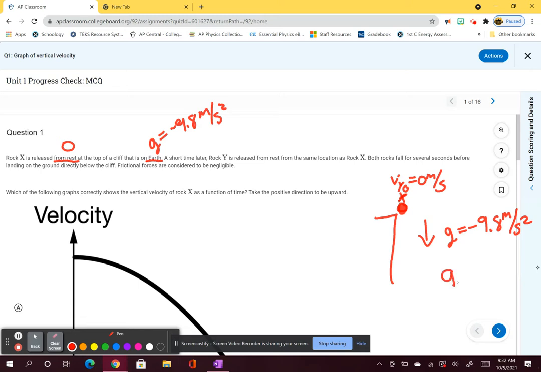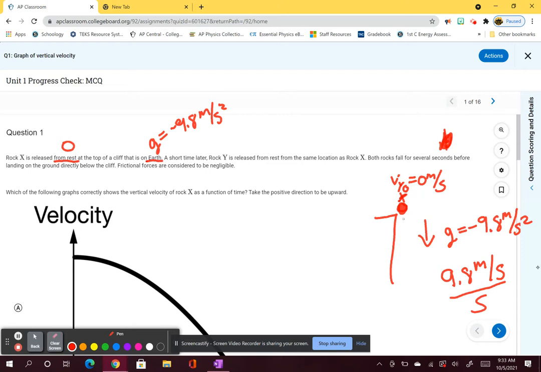Remember, the definition of acceleration is meters per second, per second. That's just saying every second the rock falls, the velocity is going to either increase or decrease by 9.8.